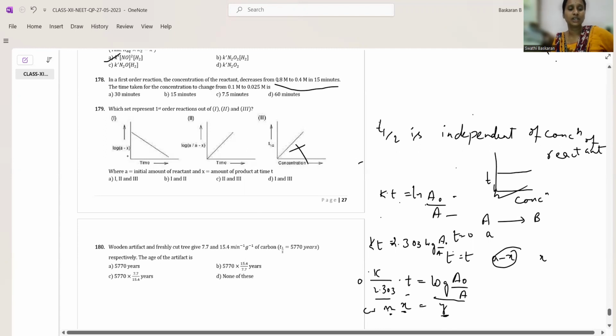Now similarly, if you plot a graph for log a minus x and t, we understood that a minus x is equal to at, right? So what is the equation? The equation is ln at, the concentration of A, is equal to ln a naught minus kt.